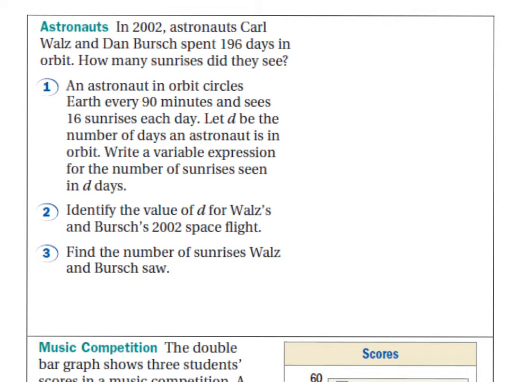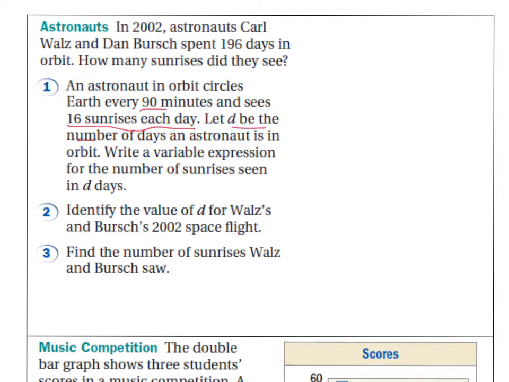Astronauts. In 2002, astronauts Carl Walz and Dan Bursch spent 196 days in orbit. How many sunrises did they see? 1. An astronaut in orbit circles Earth every 90 minutes and sees 16 sunrises each day.